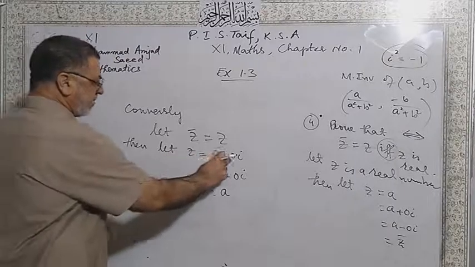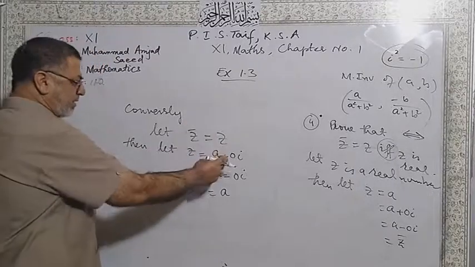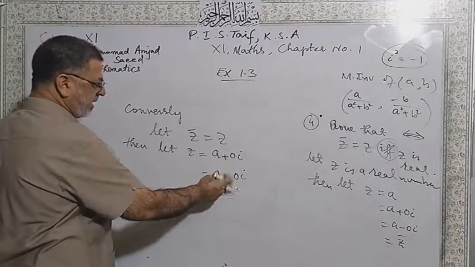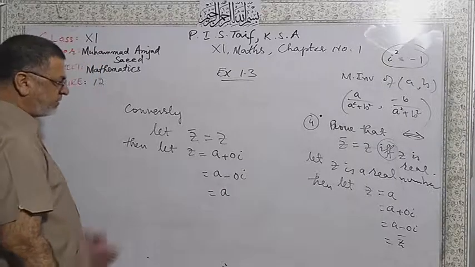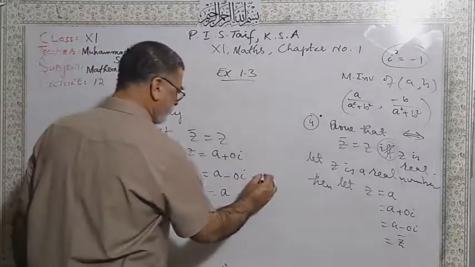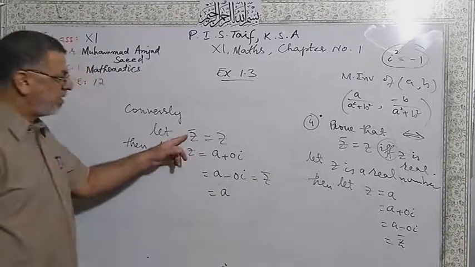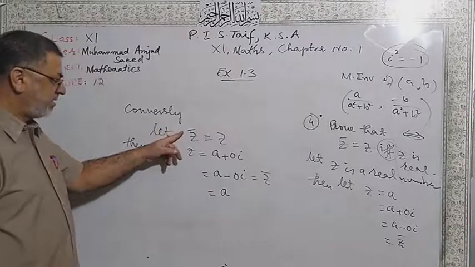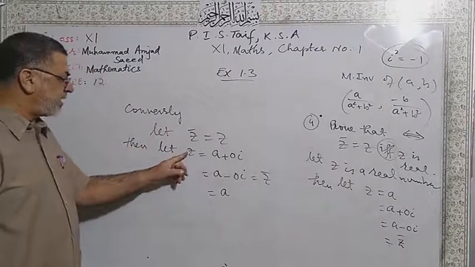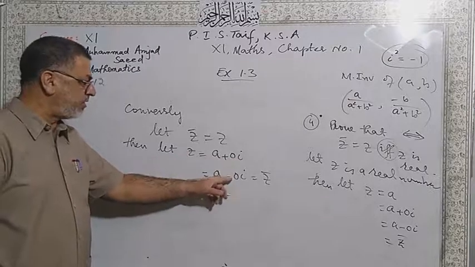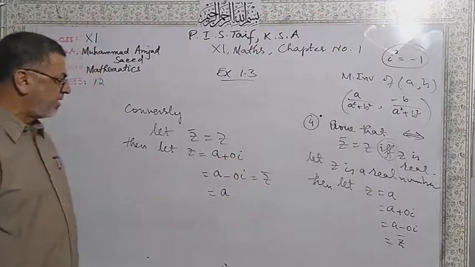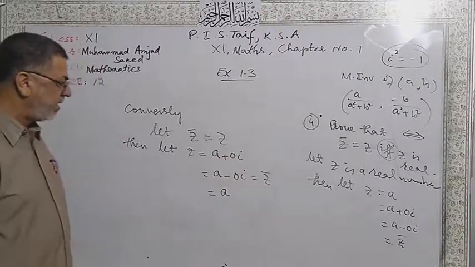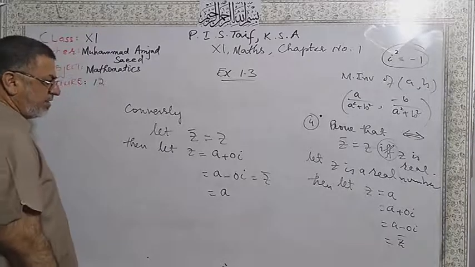So let z equal a plus 0 iota, we are moving backward. Here is a minus 0 iota. That was z bar, it was taken already. So z equal to a plus 0 iota and a minus 0 iota will be equal to z bar. Hence it is equal to a. What does it mean?